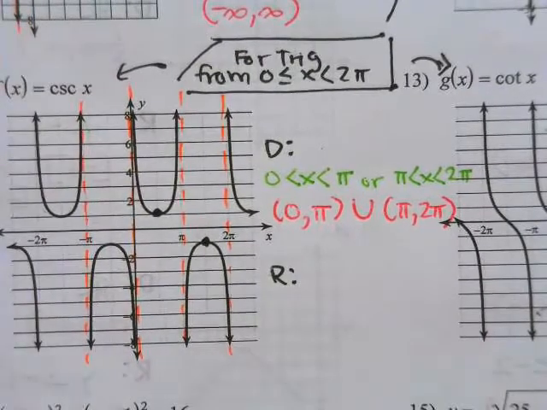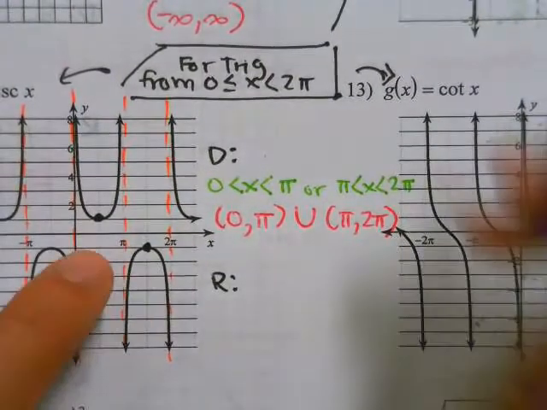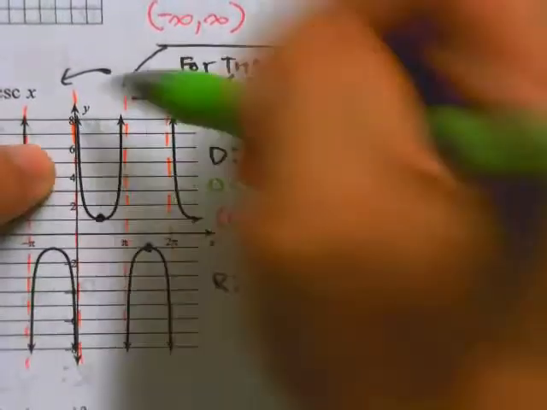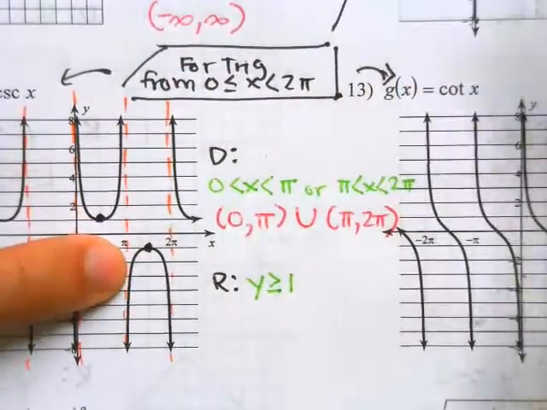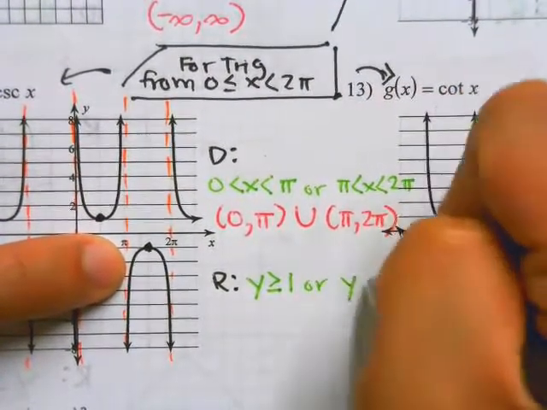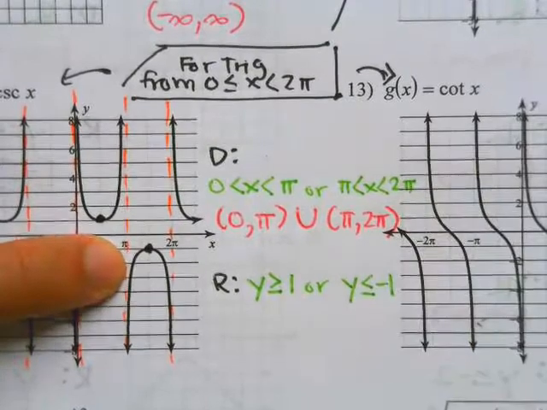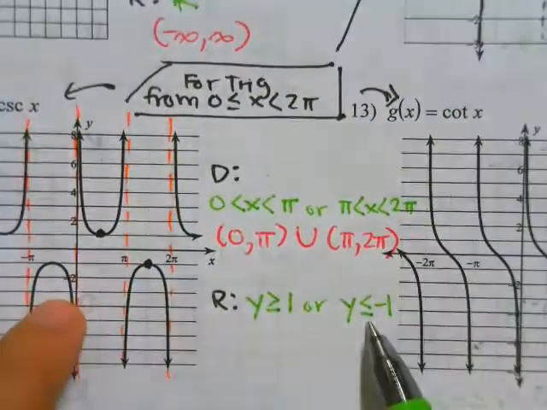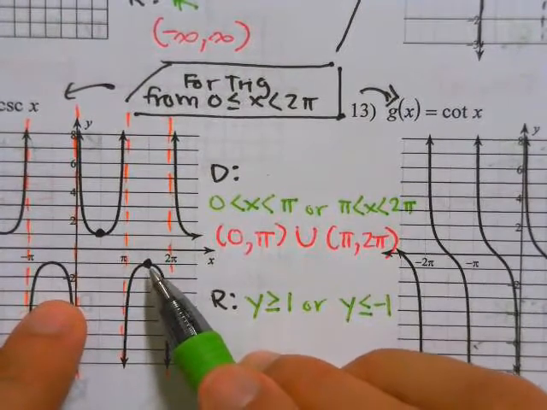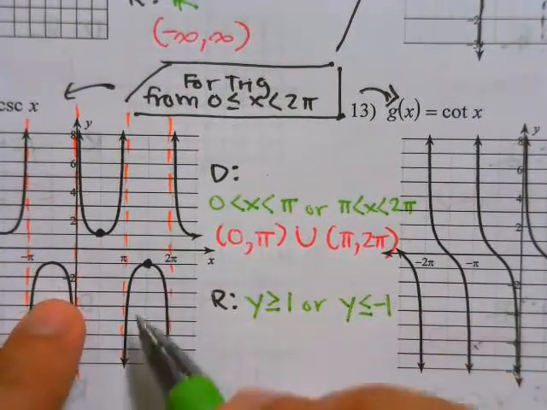So we're going to do another inequality where y is greater than or equal to 1. So that's this part over here. And then or y is less than or equal to -1, because this represents these values here.